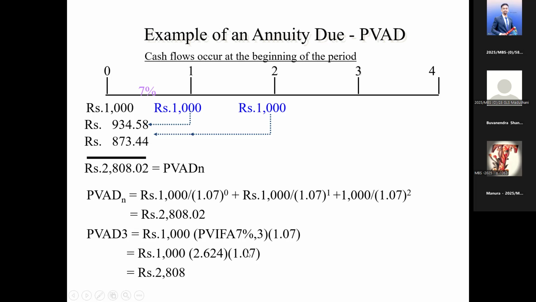So it becomes 2,808. So it's very clear. You can use either the annuity due table or the ordinary annuity table, or you can use the equation, but you can see in case of annuity due present value, each cash flow is discounted for 1 year less.